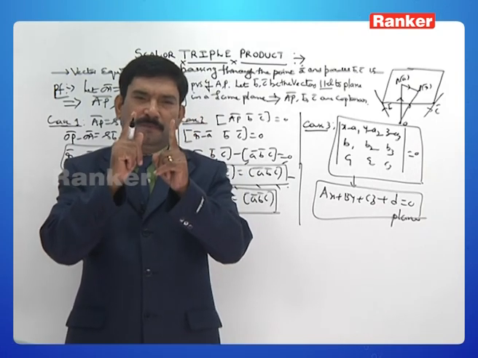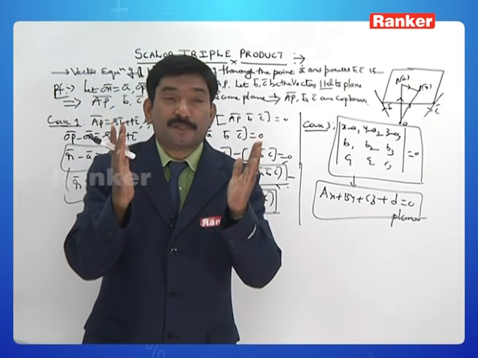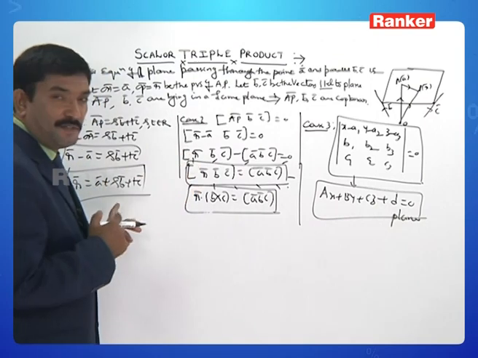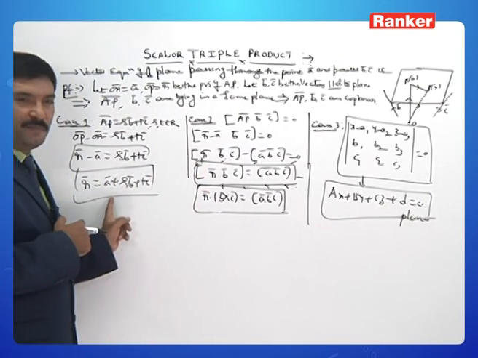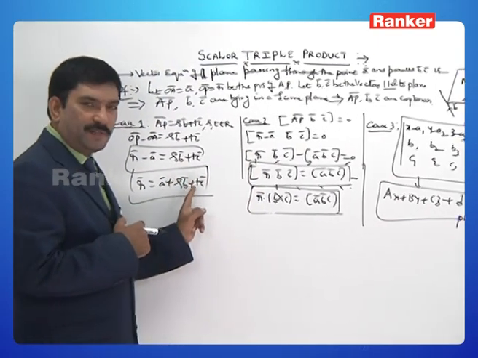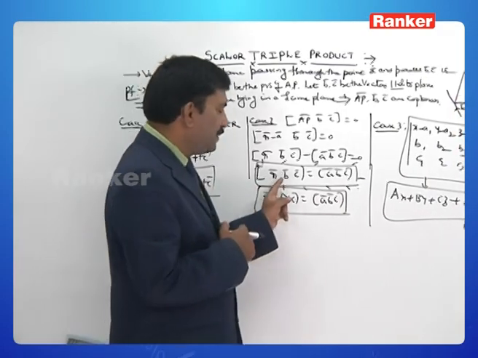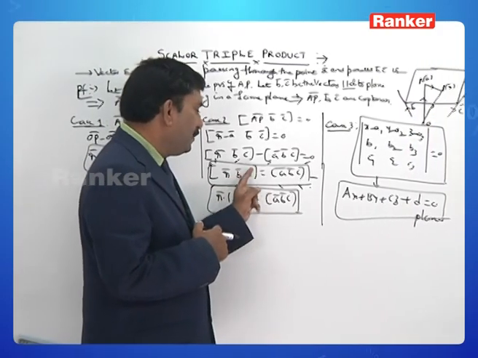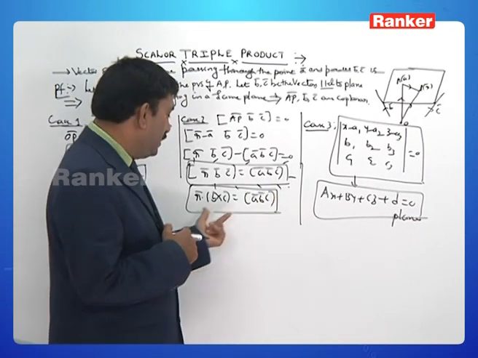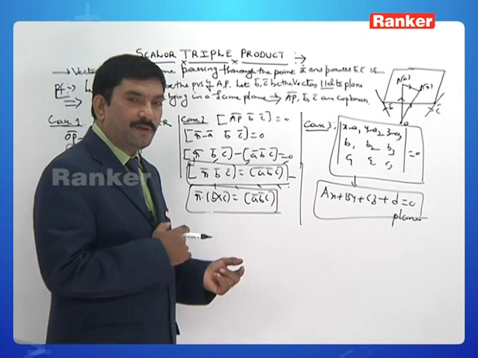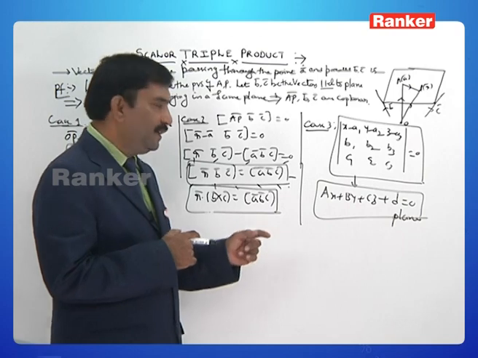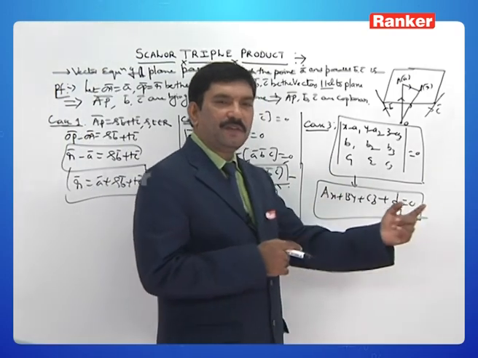Only one theorem, and we are able to express it in three ways. One is a linear combination, R bar is equal to A bar plus SB bar plus TC bar. Another one is box of R bar, B bar, C bar equals box of ABC, or else R dot of B bar cross C bar is equal to box of ABC. Another one is the Cartesian equation of a plane.